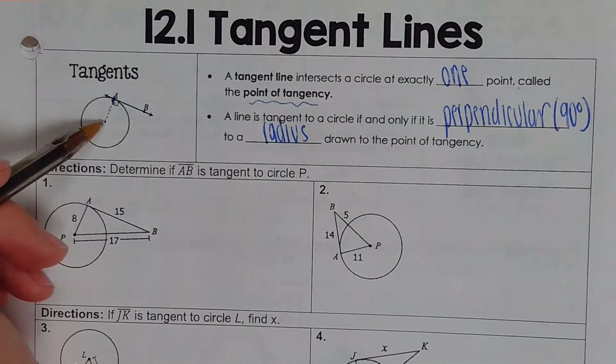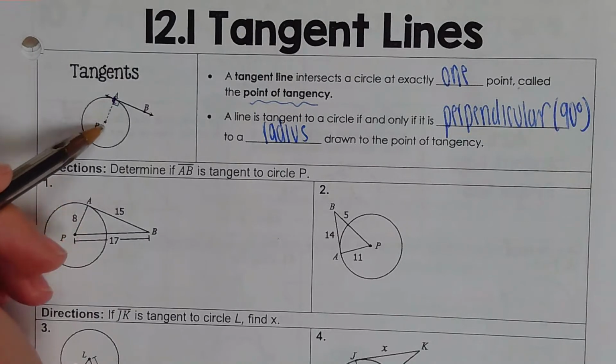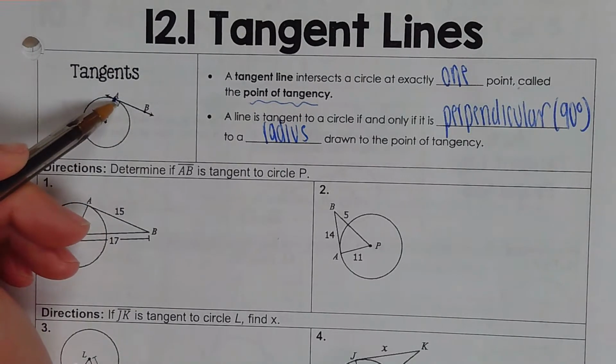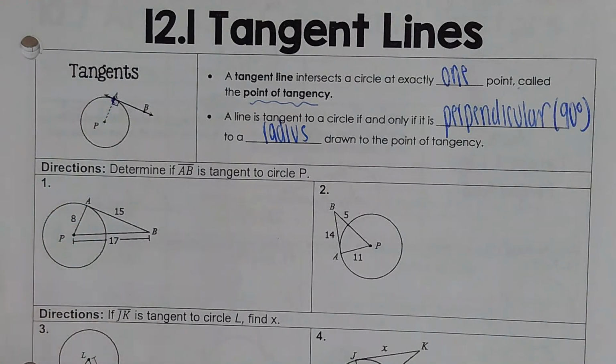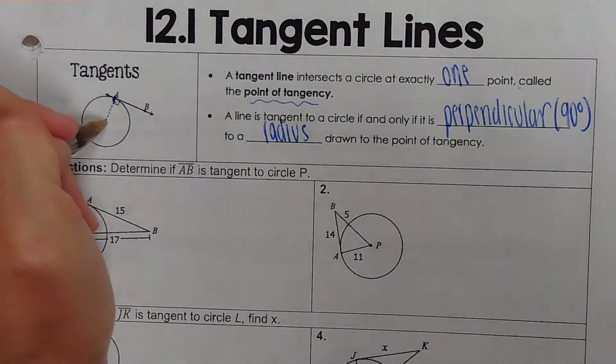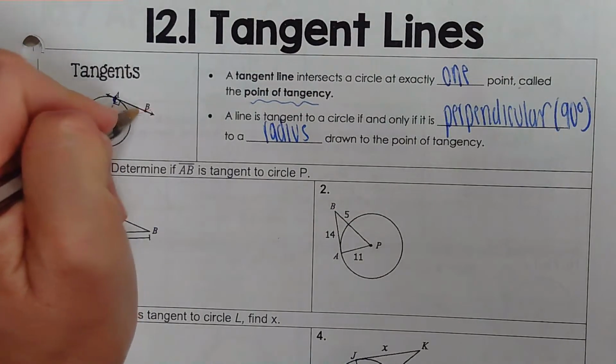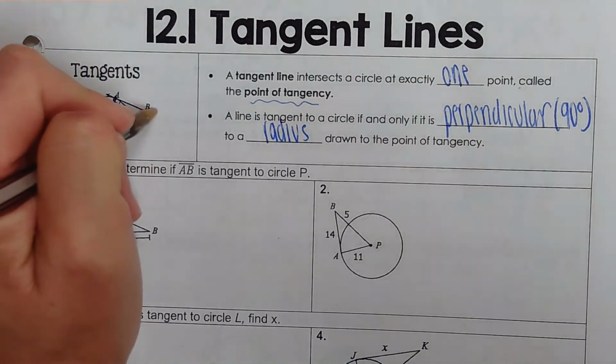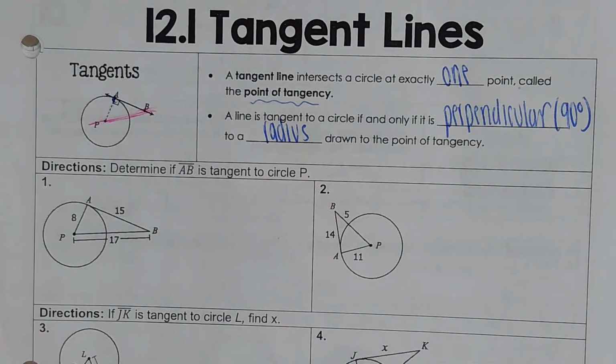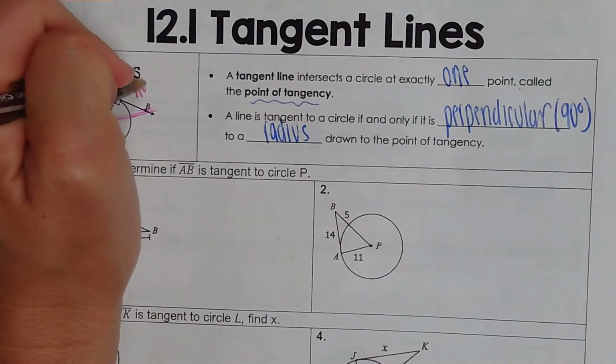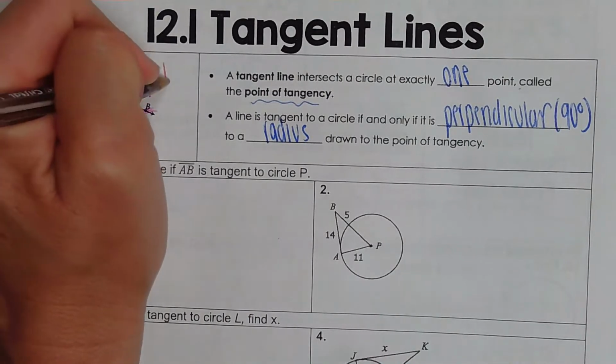So here's my radius, it comes up here and touches this point of tangency, and right there's a 90-degree angle being formed. What do you think is created right there? Oh, that's a right triangle. Yay, right triangles. We love right triangles.